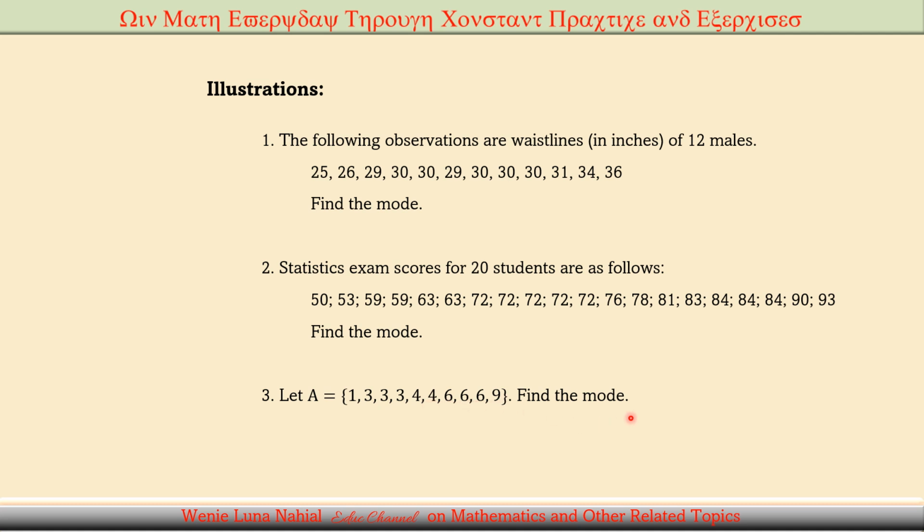So we can see that there are two numbers in the set which have the same counts. You have 3, it has 3 counts. 6 has also 3 counts. So we can say that this set A has two modes, bimodal.